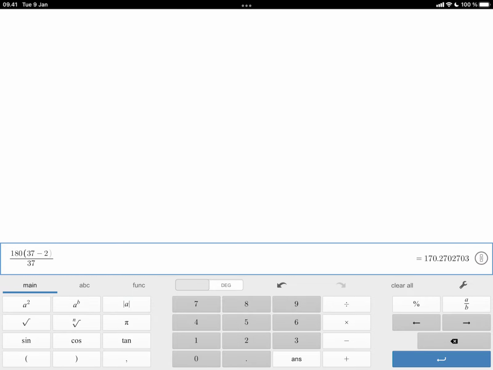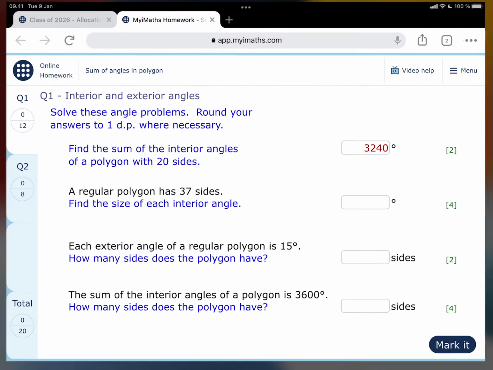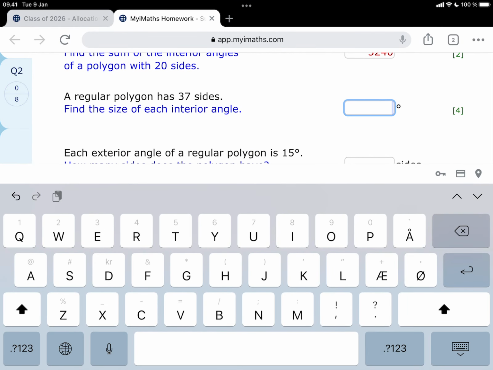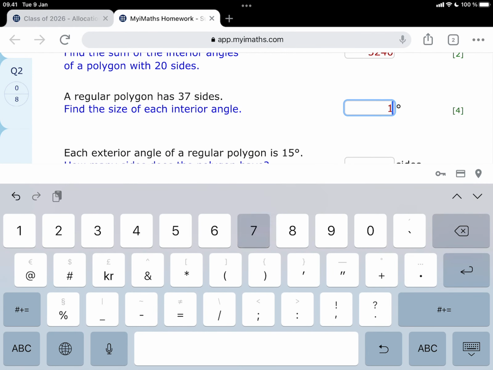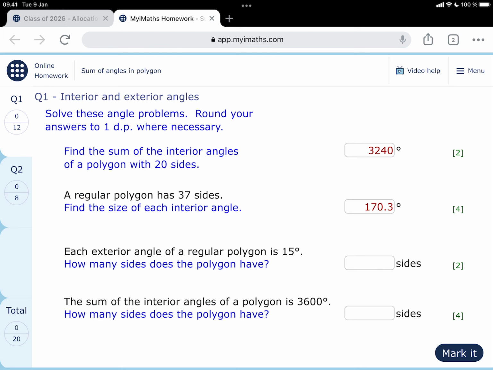So that's approximately equal to 170.3 degrees to 1 decimal place. So back onto MyiMaths, and let's fill in 170.3. It did say to give answers to 1 decimal place where necessary.